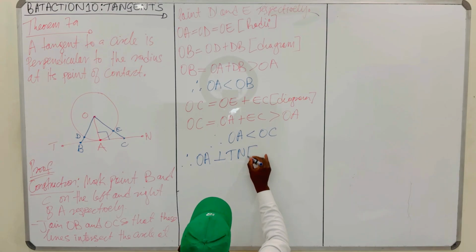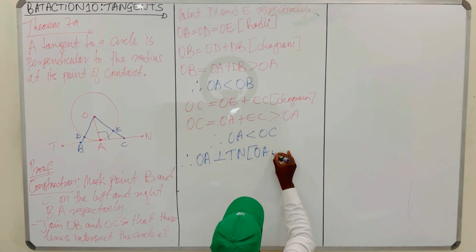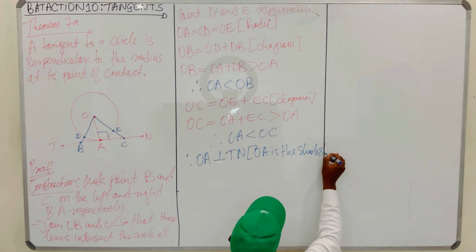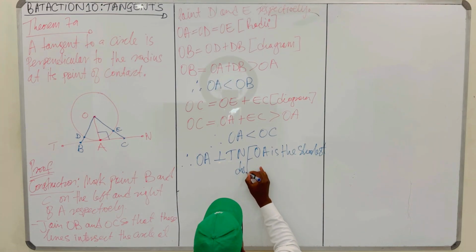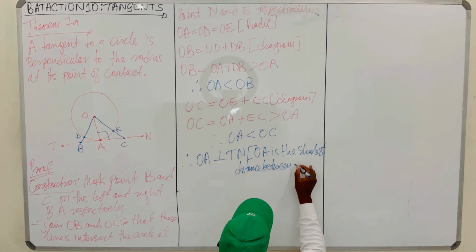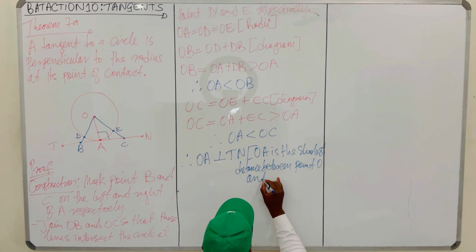What is the reason? Because OA is the shortest distance between point O and line TN.